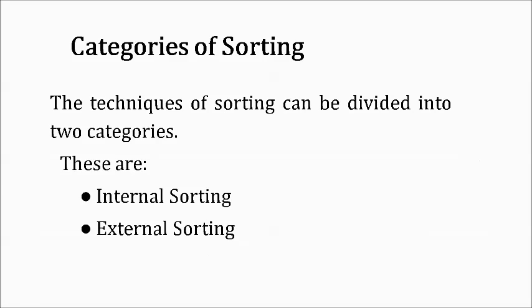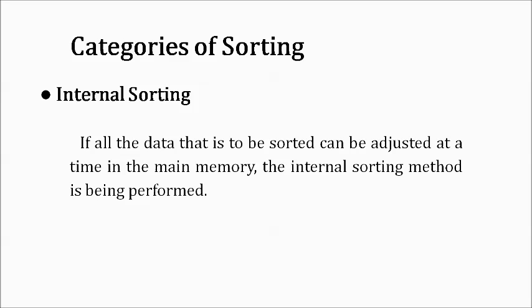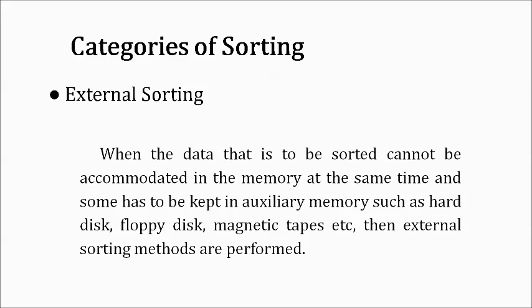So there are two categories of sorting. The first one is the internal, and the second one is the external sorting. So what is internal sorting? If all the data that is to be sorted can be adjusted at a time in the main memory, the internal sorting method is being performed.